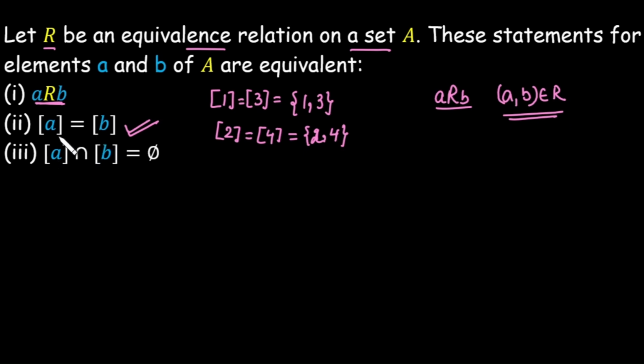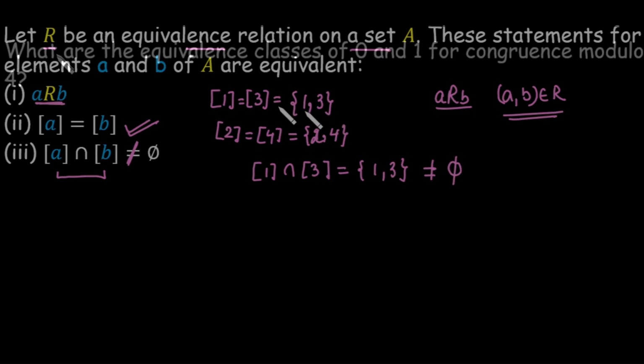And if their equivalence classes are same, it means that the intersection is definitely non-empty. What is the intersection of equivalence class of 1 and 3? That is equal to 1, 3, because both are containing the same elements and hence it is non-empty.